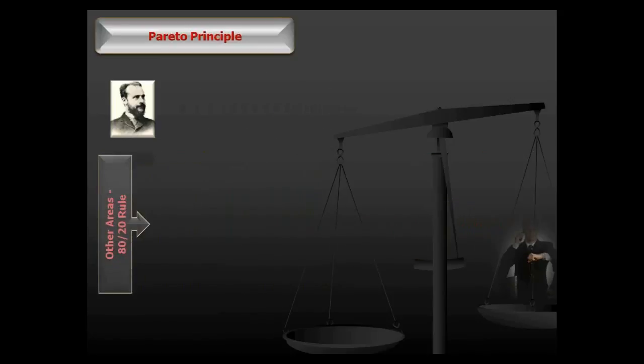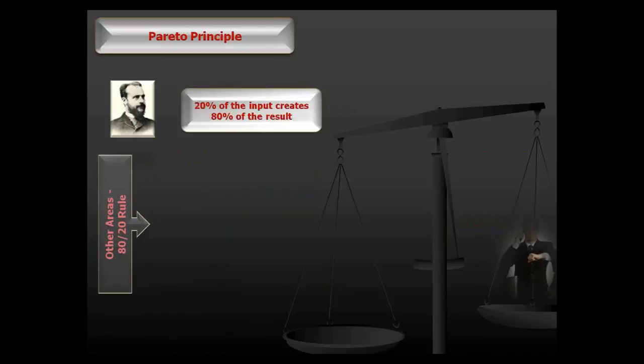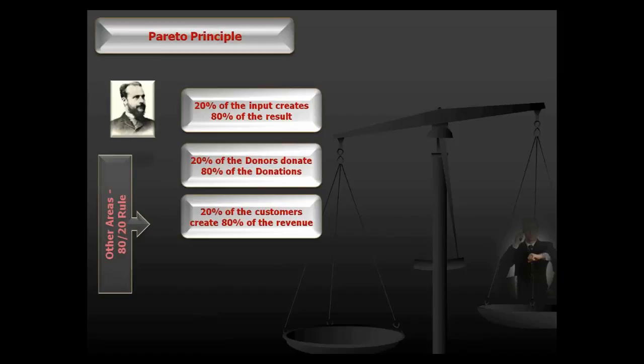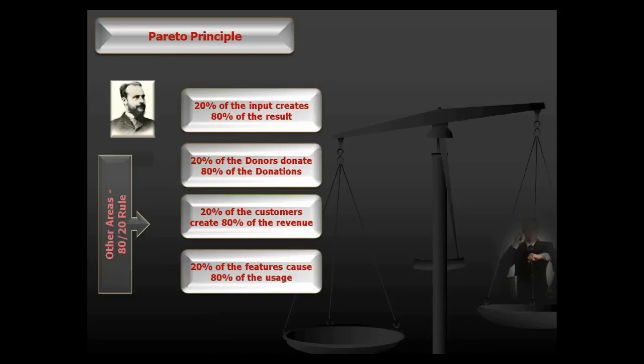Some of the other areas that the 80-20 rule applies would be as follows. 20% of the donors donate 80% of the donations. 20% of the customers create 80% of the revenue. 20% of the features on a computer program might cause 80% of the usage.